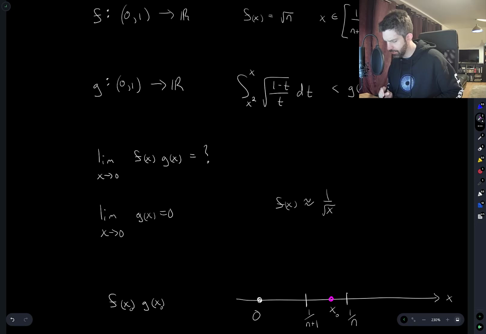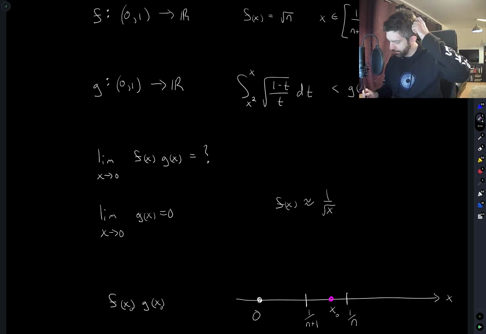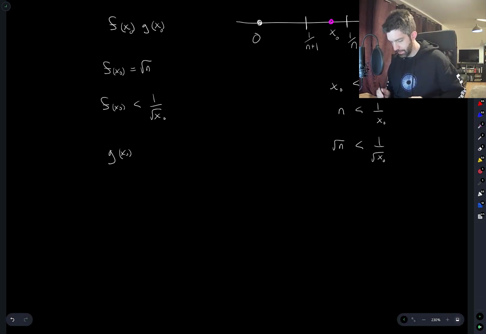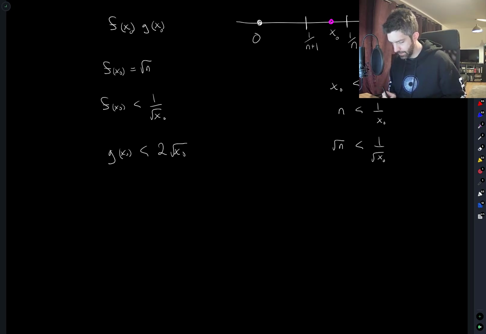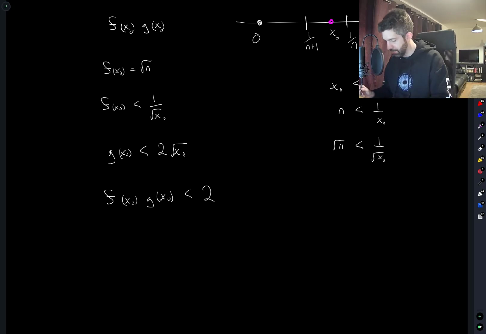Is this integral easy to evaluate? I'll think about it later. Anyway, I'm just putting an upper bound on this. This is less than 2 root x naught. And so f(x naught) g(x naught) is less than 2. This is for arbitrary x naught.